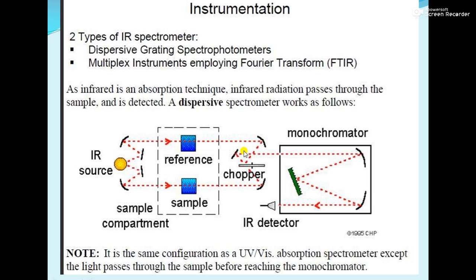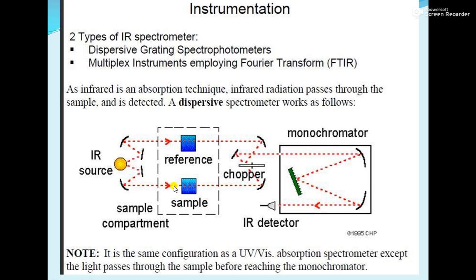Rest, the placement of chopper, the placement of reference, the placement of sample solution, is in the same way. As you can see, there is an IR source. So IR source, and these are the mirrors which are placed to change the direction of IR radiation. First it is passed through the reference solution and then through the chopper, and from the chopper it goes to the monochromator and finally to the IR detector.